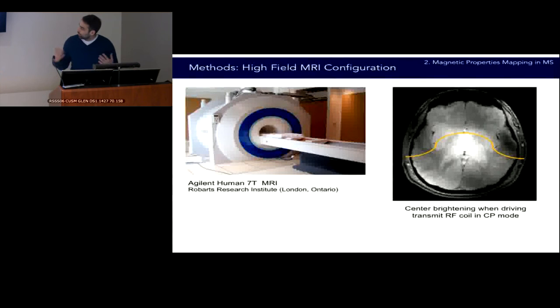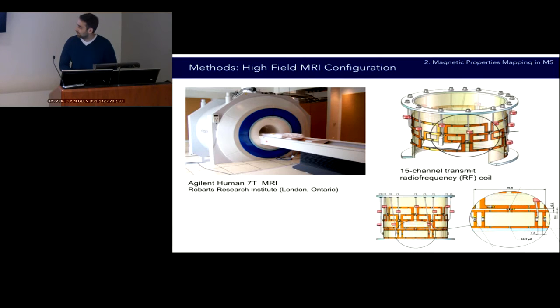And so in order to account for this inhomogeneity, we took several steps, and one of which was the design of custom radio frequency transmit coils. And the one we used for this study is shown here. It's a plastic former, and then we have 15 channels, 15 copper elements oriented in 2 rows and overlapped relative to one another to limit the electromagnetic coupling between each of them and also capacitively decoupled.